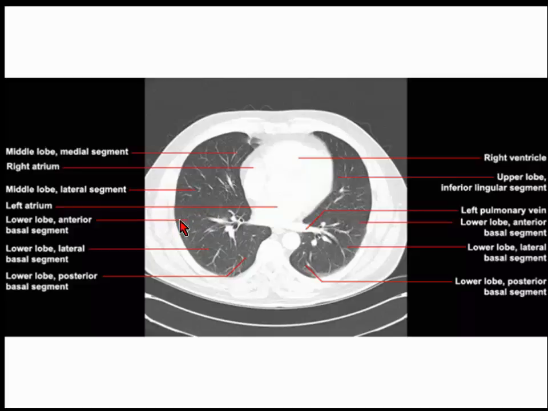So you have got anterior, so basal. You can call it basal or you can say lower lobe segments. So the lower lobe segments have got anterior, lateral, and posterior basal. And on the other side, you have got posterior basal, lateral, and still you have got the anterior basal segment coming through.